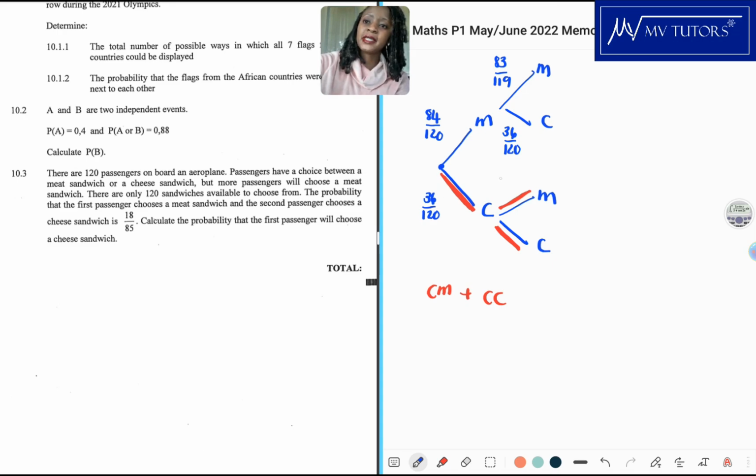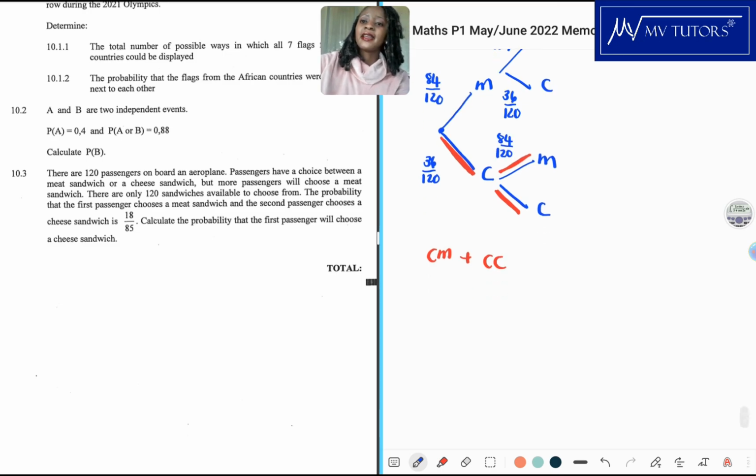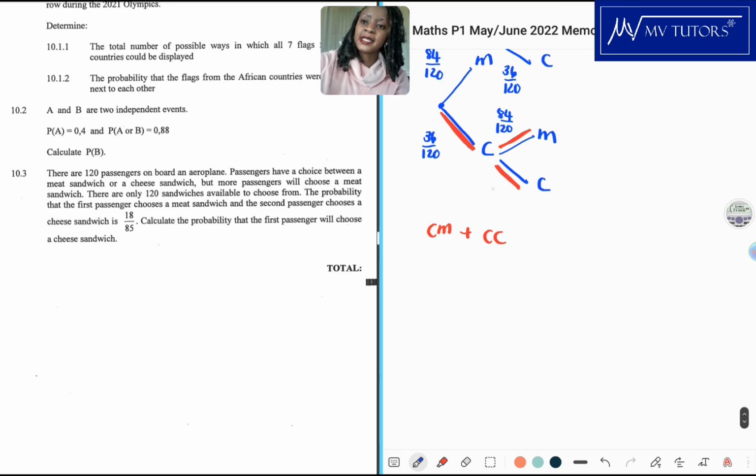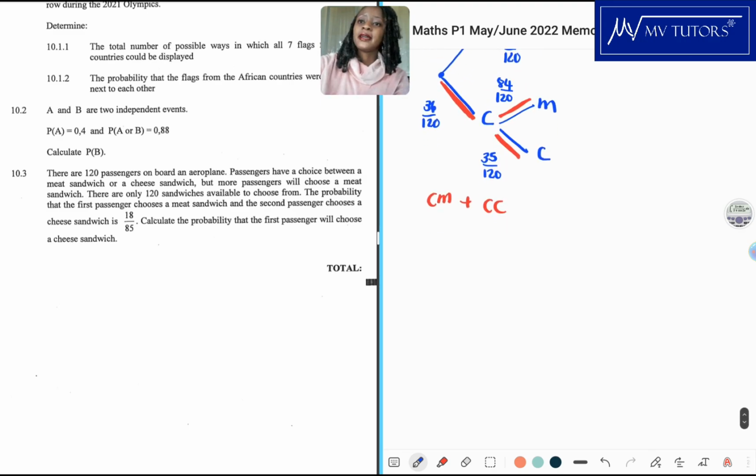If they chose meat, we still have 84 over 120. If they chose cheese first and then cheese later, we'll have one less cheese. So the probability that they will choose cheese first will be equal to 36 over 120 times 84.